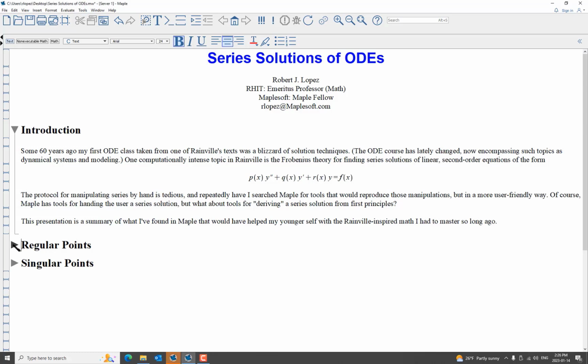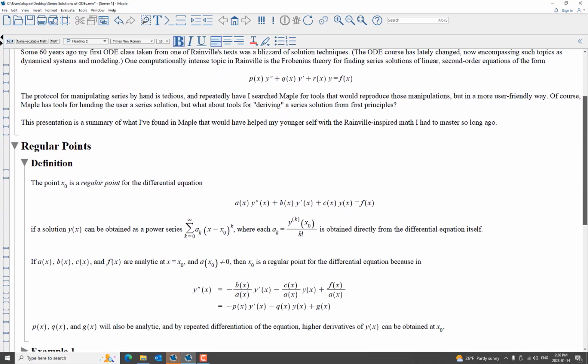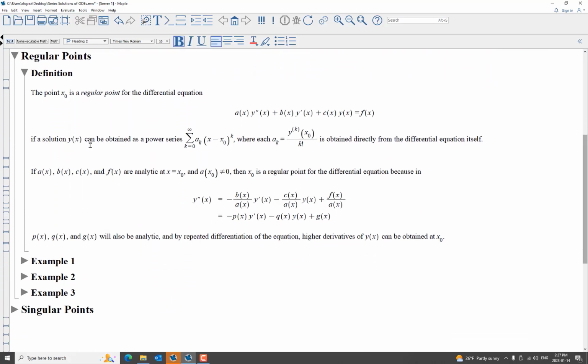So suppose you wanted to get a solution in a series expanded about point x naught. Well, that point would be called a regular point for such a differential equation if the solution turns out to be a power series.